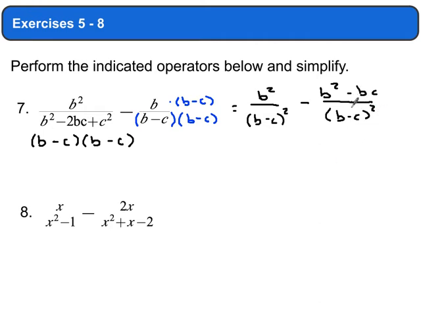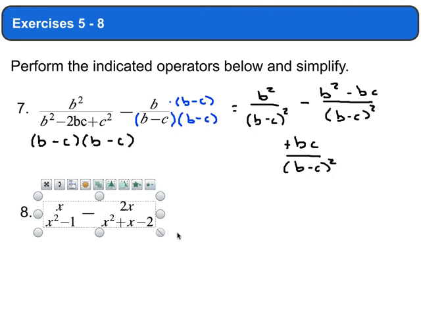And so when we subtract, b squared minus b squared cancels, and then negative times a negative b makes us a positive b. So our final answer is positive bc over b minus c squared.